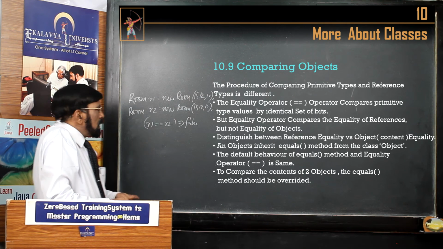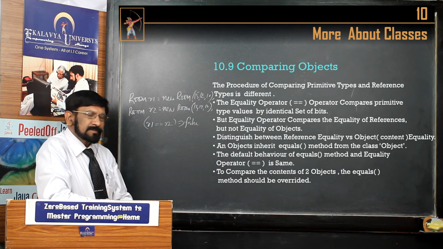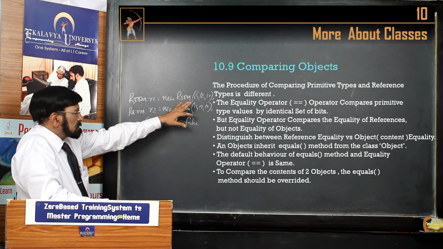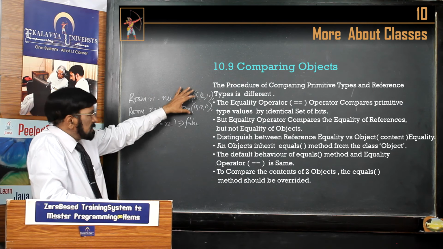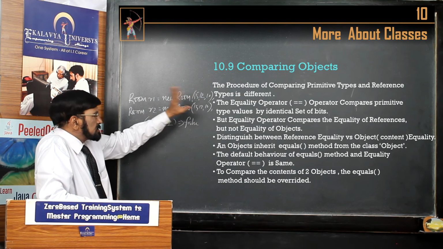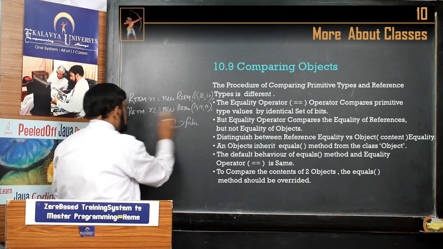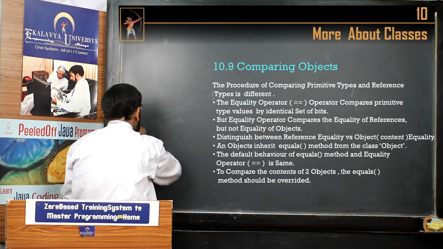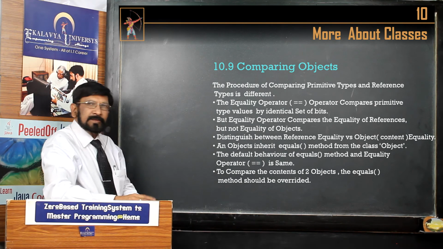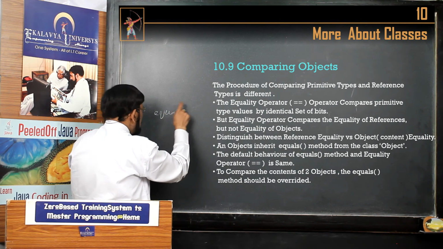Now, how can we compare the contents of the objects? We are not talking about the reference of the object, but the content of the object. If the contents are the same, then in such a case, how can we compare? For this, one very important point you have to learn, that is the equals method.